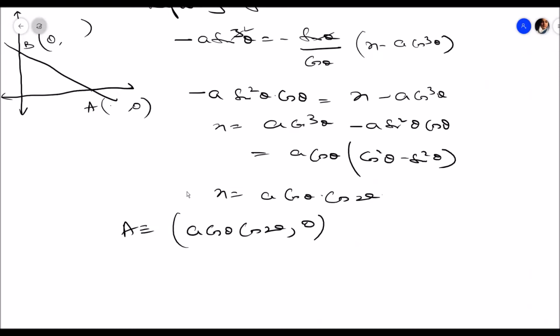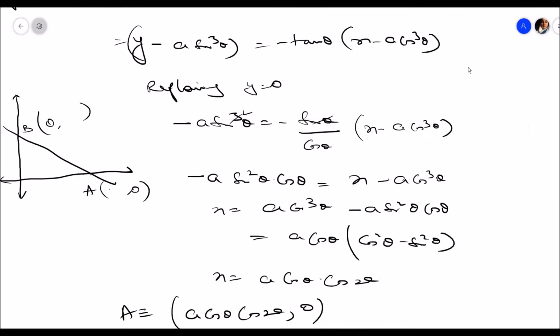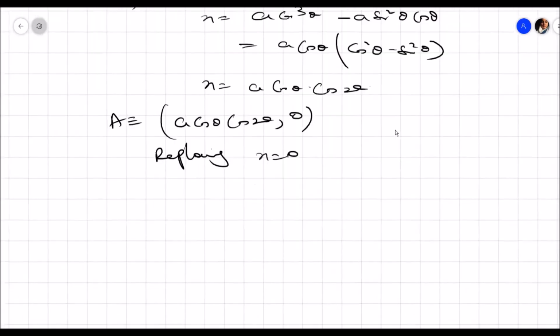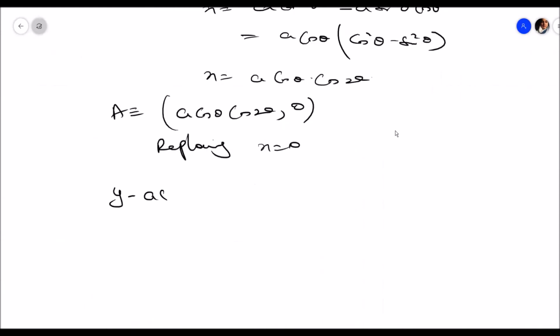Okay. Similarly, let's find the coordinates of B by replacing x is equal to 0 in the same equation, right? In order to get the value of y. So that will give me y minus A sine cube theta is equal to minus sine theta by cos theta.